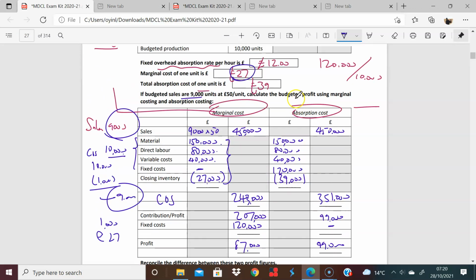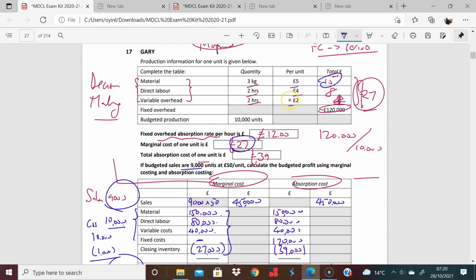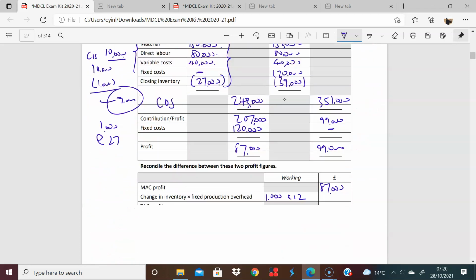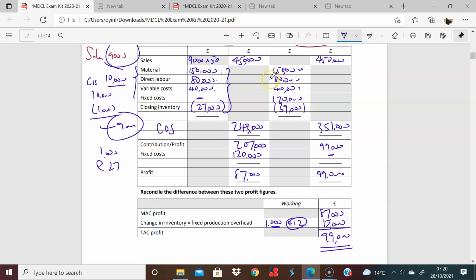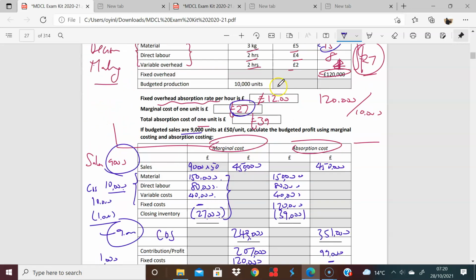Because that's what the fixed overhead absorption rate is, £12 there. In effect, I think that's the best way to see it: the fact that you have £12 on all these units moving into the next period, absorbed in that inventory. And so that's your 12,000, and that takes you to the 99,000 that you have there. And that's really how you look at that.